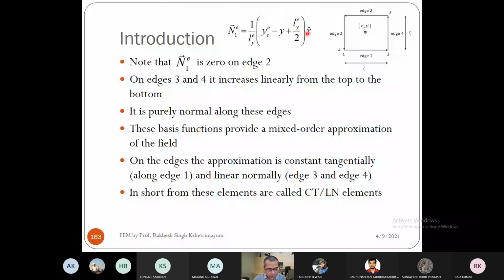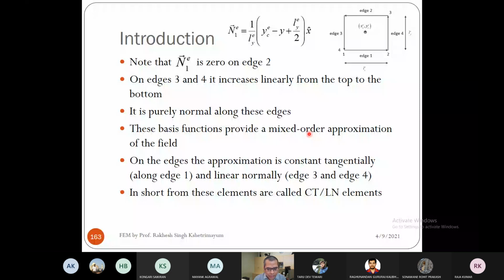The summary means that on the edge S1, the approximation is constant tangentially. So it has a constant value and it's tangential, along the x-axis. And along the edges 3 and 4, it is linear normally. It is linearly increasing and the direction is along the normal direction.